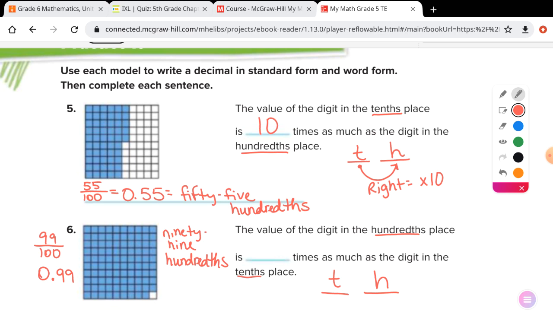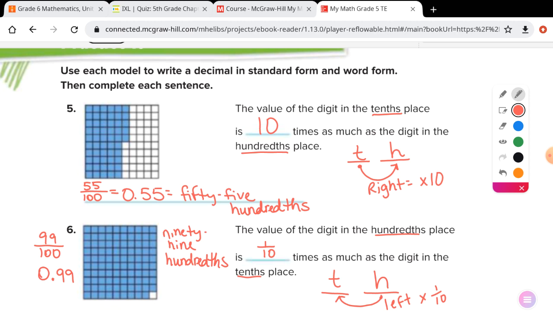But in the problem, we're starting at the hundredths place, and we're comparing it to the one on its left. If it's left, what is my answer, Michaela? 1/2. Not 1/2. Kylie? 1/10. Yeah, it's 1/10 times. So it is 1/10 times as much as the digit in the tenths place.